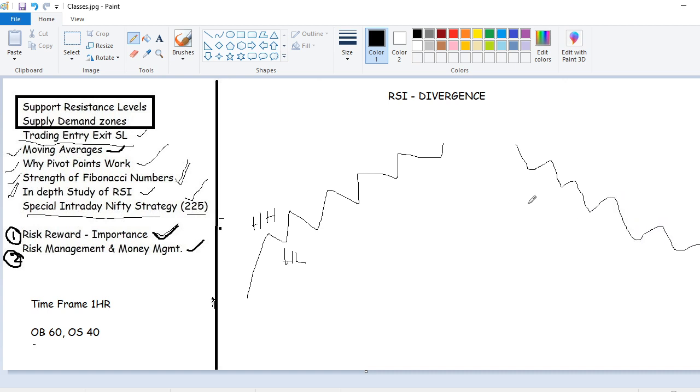Okay, downtrend means making lower highs, lower lows. That means when compared to the previous high, this is a lower high. When compared to the low, this is a lower low. So whenever a stock is going in a downtrend, there is a possibility it may take a reversal based on RSI. This is called bullish divergence. Bullish divergence.